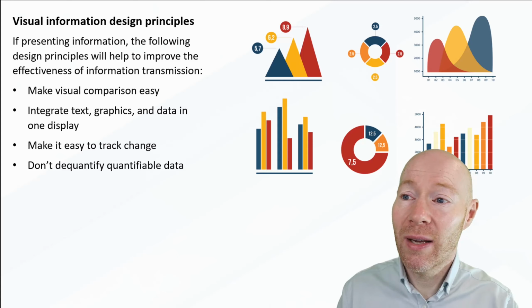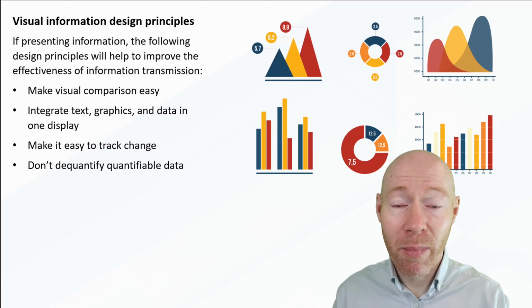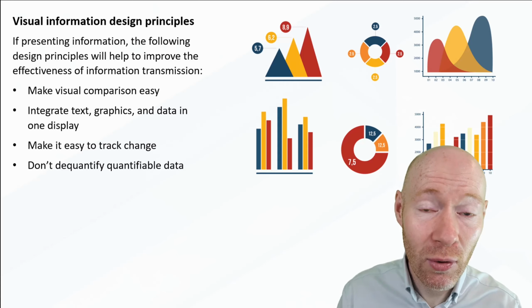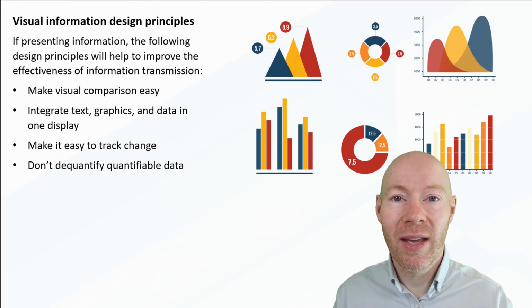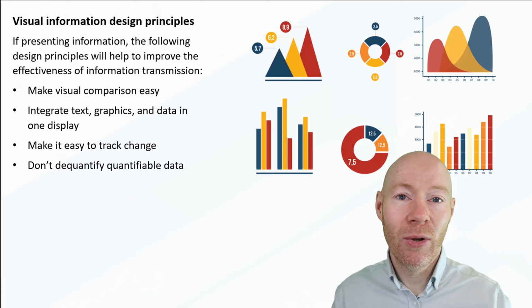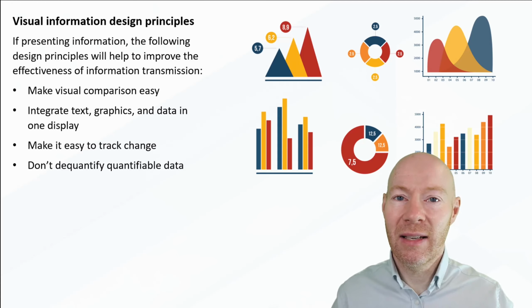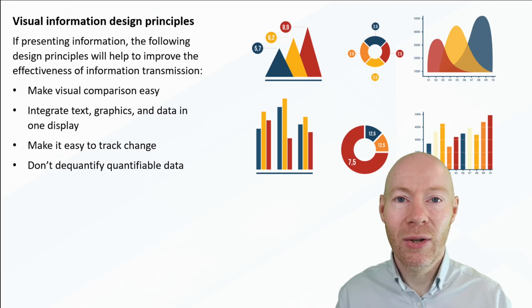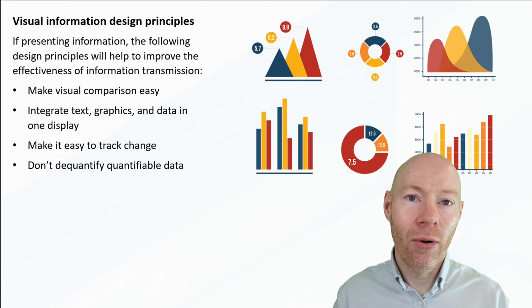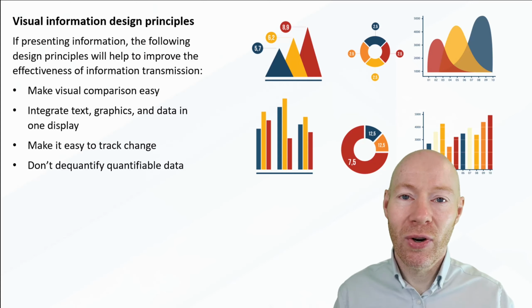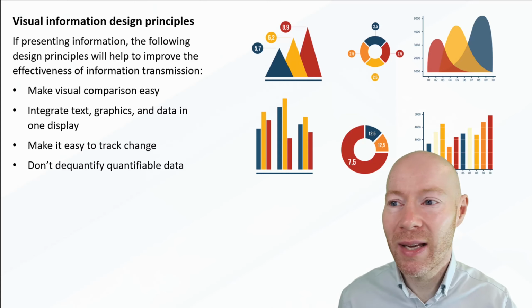We'll start off looking at how we make visual comparisons easier, or the need to do that. We'll go on then to think about the importance of, where we do have graphics and text and data, integrating them all together into one overall visual aspect that the user can look at and can see those different aspects.